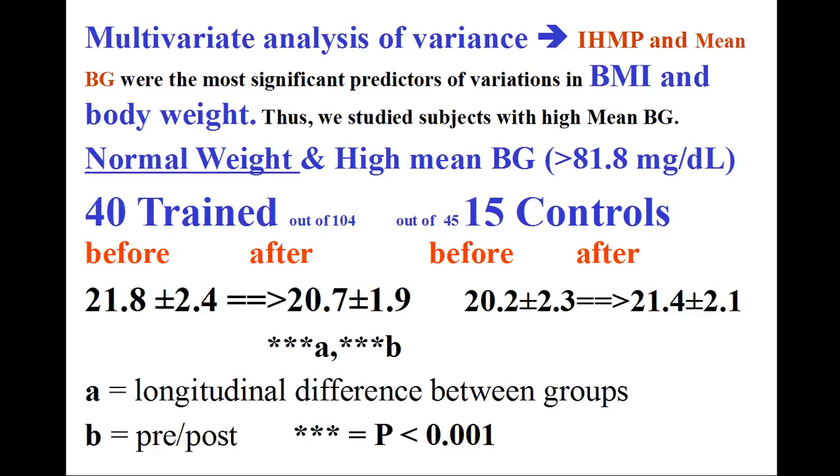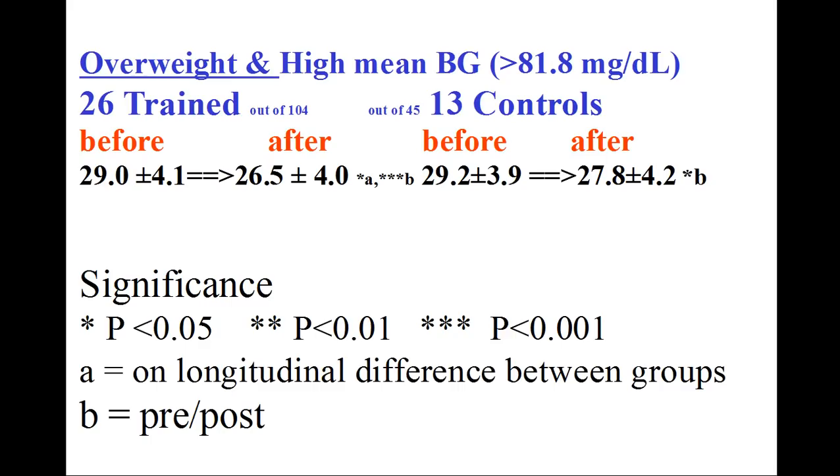IHMP produced significant pre/post and longitudinal body weight and BMI decreases. 26 trained overweight subjects with high MBG, 81.8 mg/dl, show significant pre/post and longitudinal decreases in MBG after training in comparison with 13 controls, p 0.001.